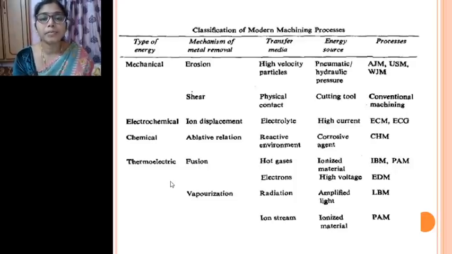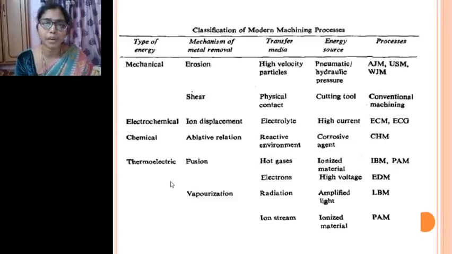The need for these unconventional machining processes arises where, in the machining process, you are using a tool. What is the tool which you are using? You are using a tungsten carbide tool or high-speed steel, or mostly we'll go for carbide tools.